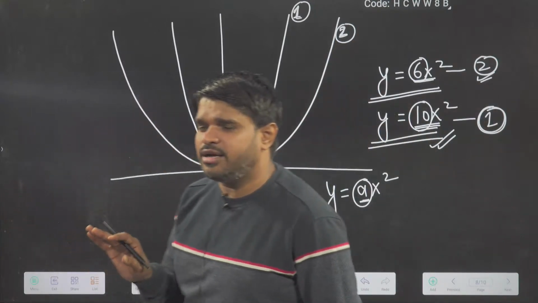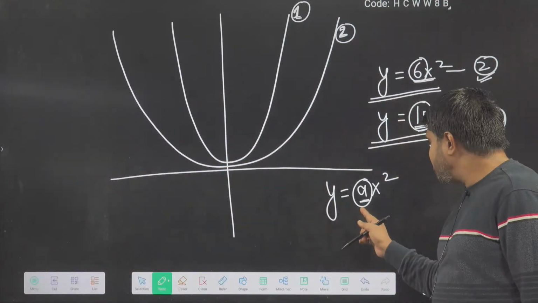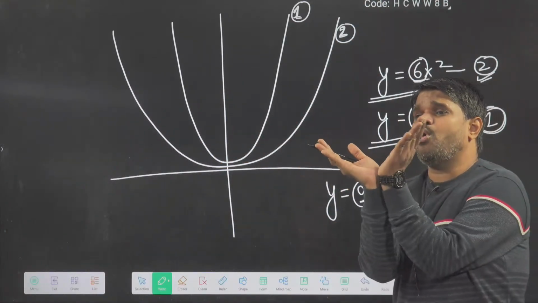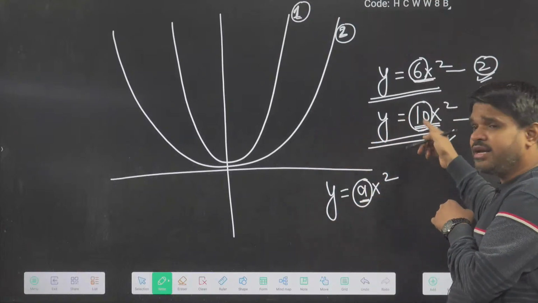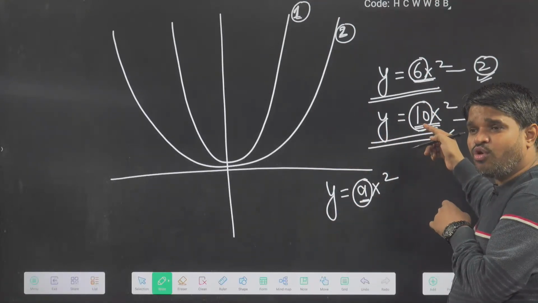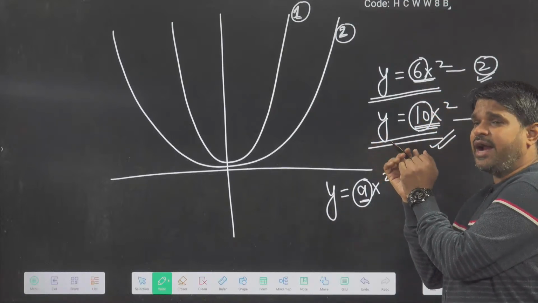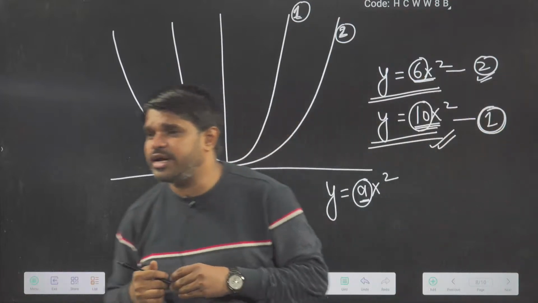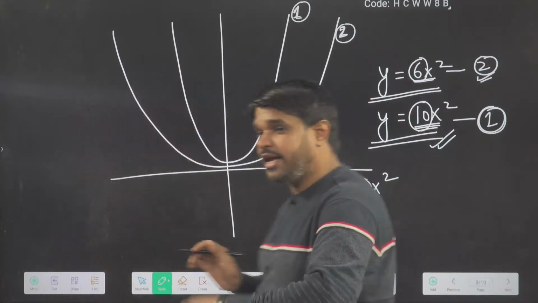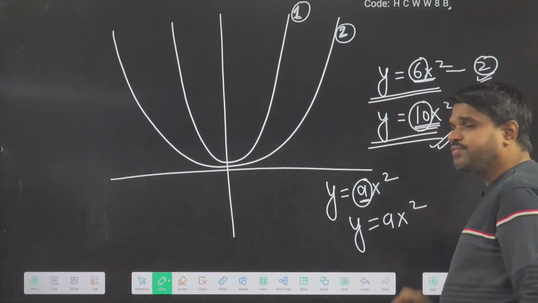Mahesh, you are asking to repeat it again. Is it now clear? The bigger the value of a, the more inside the parabola will be. Here 10 is bigger than 6, so 10x square will be more inside, and 6x square will be outside. Again, y equals a x square.